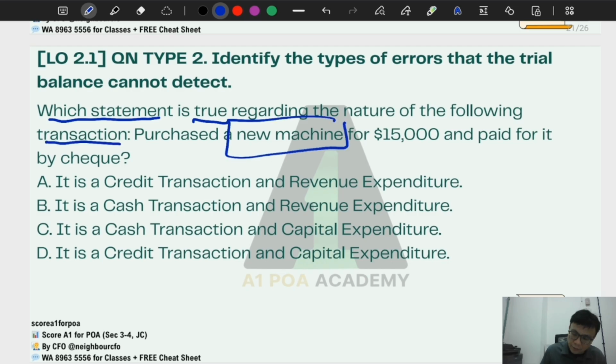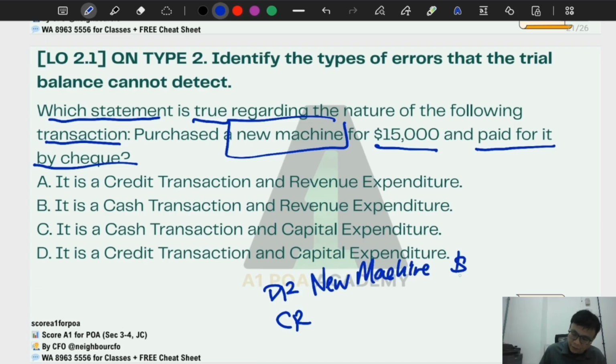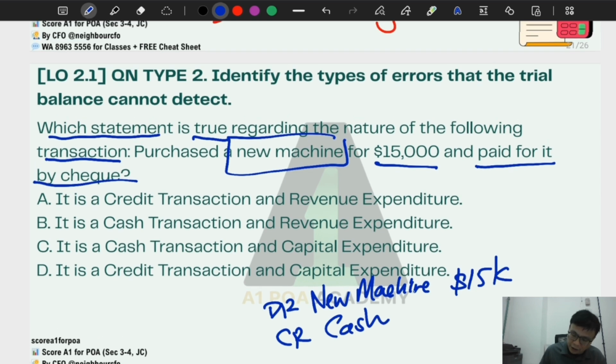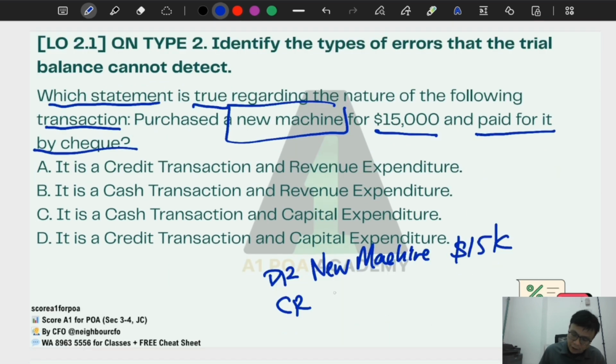Purchase a machine for 15,000 and pay for it by check. So in this instance, you purchase a machine, you capitalize the machine, 15,000, and you pay by cash or check, let's say cash at bank, 15,000.